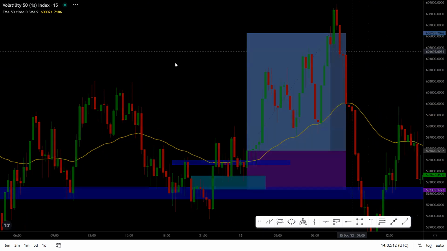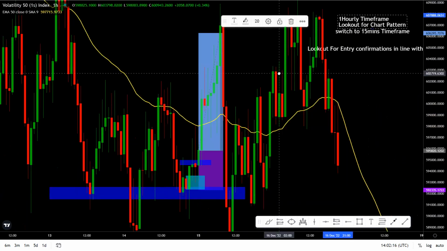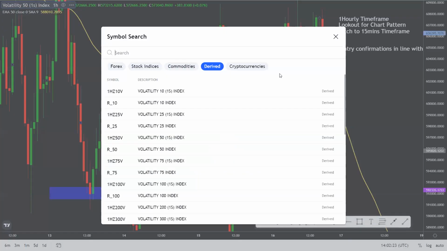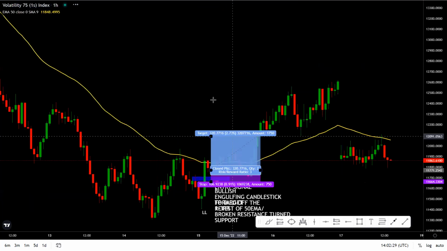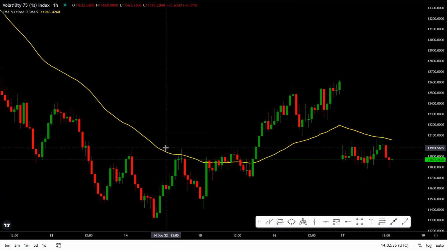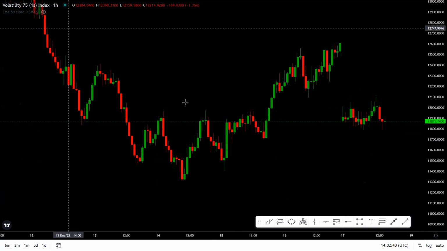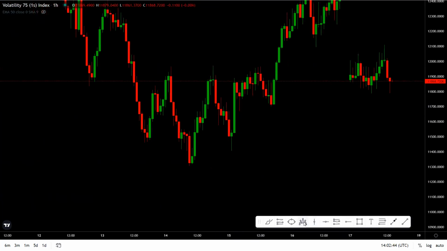I also add a buy trade opportunity on the '75 1S index sometime during the week. So you can clearly see this already.